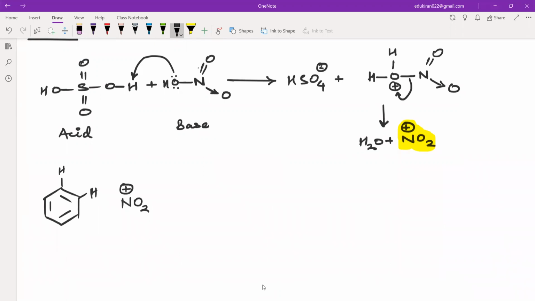So any one of these pi bonds will attack on nitrogen. Now, when the pi bond is attacking, any one of the carbons will get the electrophile. So let us draw it like this. These pi bonds are intact, nothing happened to them.